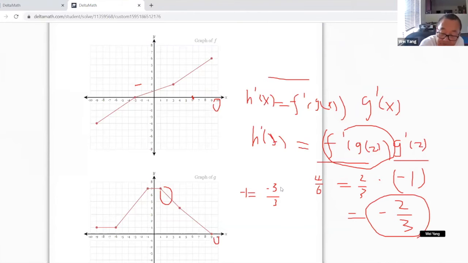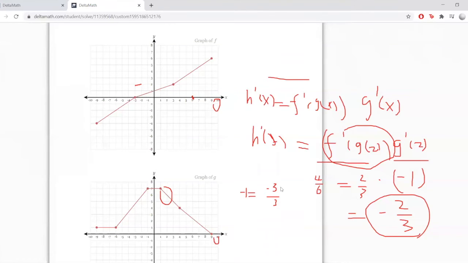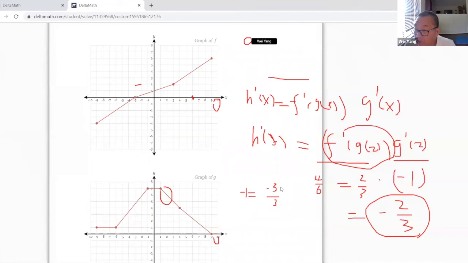Now do you understand? Yes. Any question? No. Now let me explain one more time. Here, what we use is called the chain rule. The reason we use the chain rule is that h(x) is a composite function of f and g.